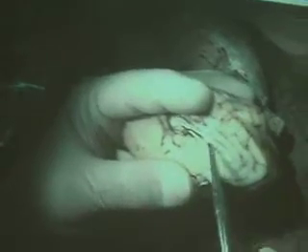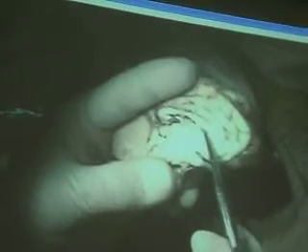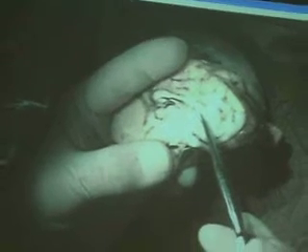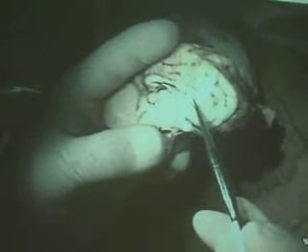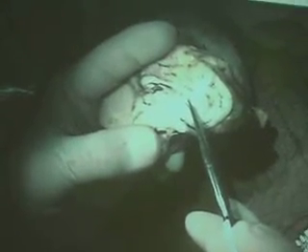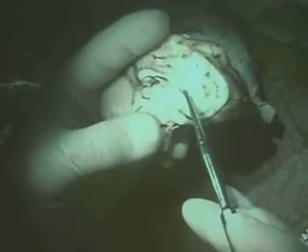Okay. So I'm opening this up, and you'll notice there's a space. That's what a ventricle is. It's a space that's filled with fluid. That space and that fluid comes from these little curly things I'm holding up with my probe. Those little curly things are part of a group of knotted capillaries that sit in the top of the ventricles, from which the cerebrospinal fluid is derived.